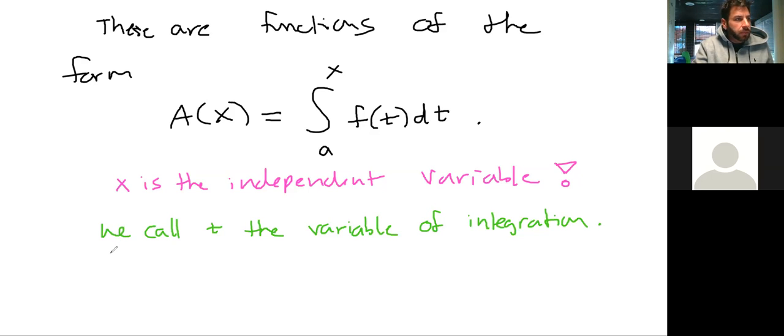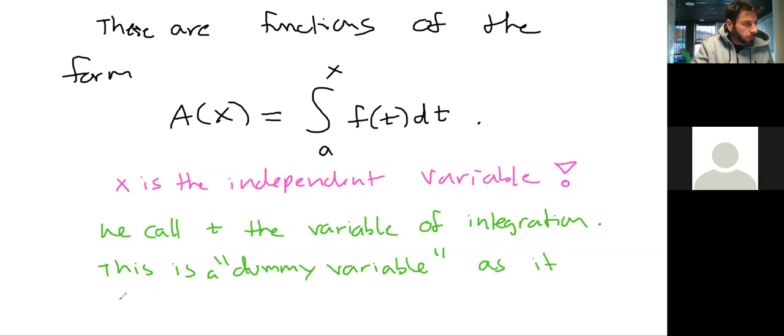But what does it mean to be the variable of integration? This is what we usually call a dummy variable, as it is arbitrary. So what do I mean by that? Well, let me try to emphasize what I mean on the next page.